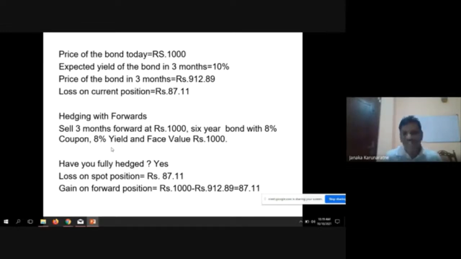It's a totally different scenario. Assume that happens. You forecasted an interest rate increase from 8 to 10%, but let's say the opposite happens. It drops, to let's say 6%. Then what happens?